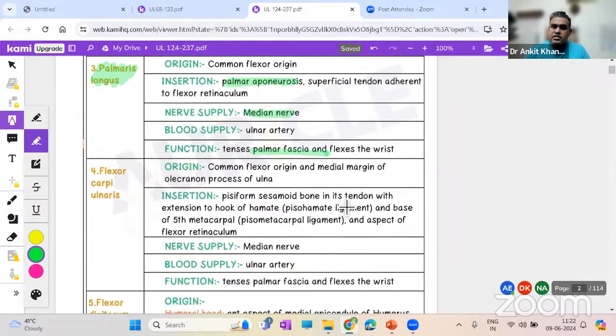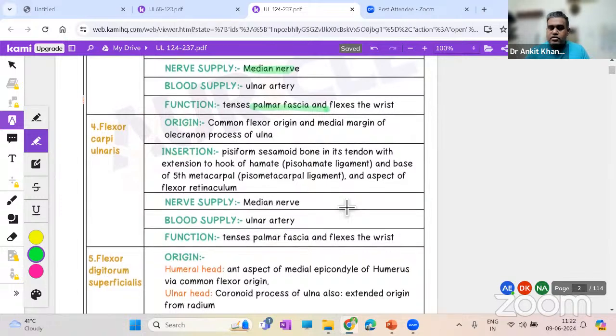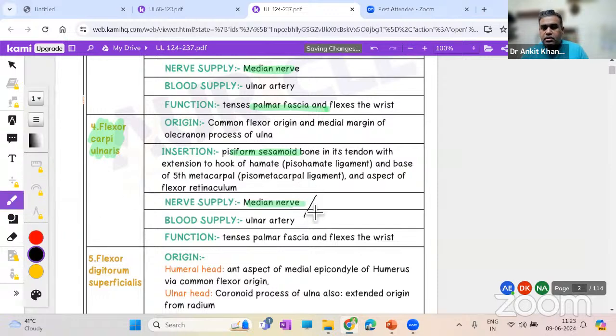Fourth muscle in the superficial part. Superficial, we said five muscles are there. Fourth muscle is flexor carpi ulnaris. So again, it is a flexor muscle going to the medial aspect. Why? Because ulna is more on the medial side of the forearm. And therefore, you'll see over here that this flexor carpi ulnaris goes into the medial aspect, so that is fine. But its nerve supply over here is actually not the median nerve, but basically it is the ulnar. So that is a small correction over here.